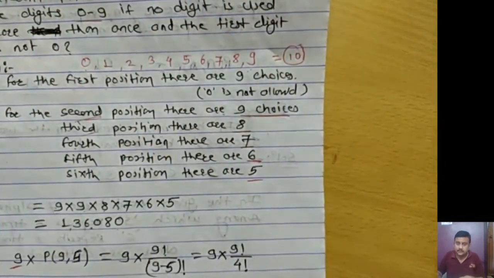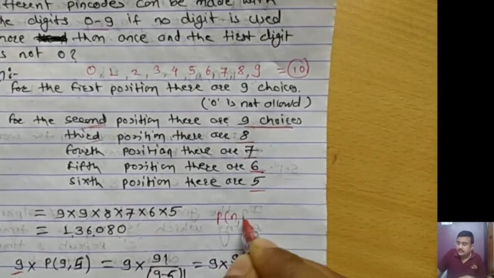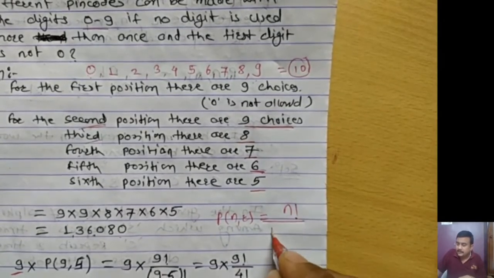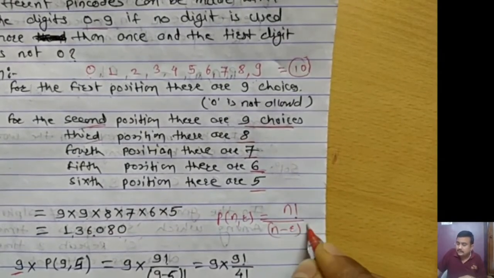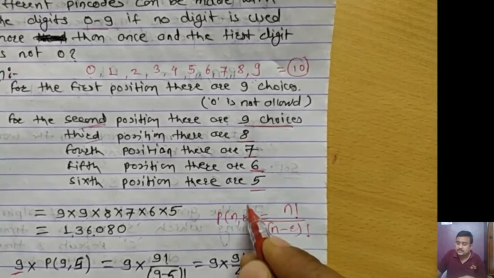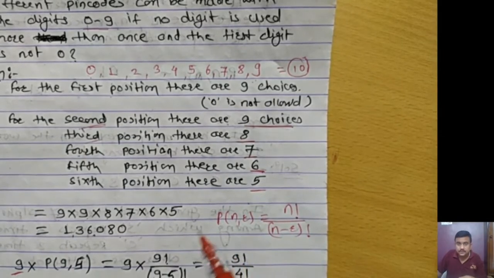Now we solve this example with the help of the permutation formula. We have the formula P(n, r) equals n factorial divided by n minus r factorial. It means we have to use 6 digits among 10 digits.